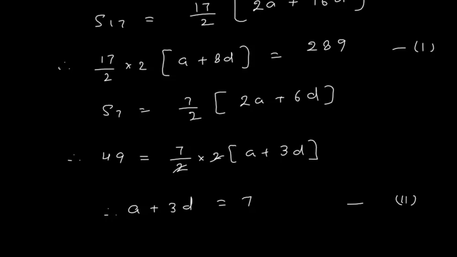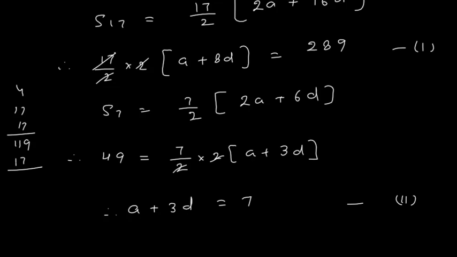Now can we reduce equation number 1 also? This 2 and 2 will cancel. And 17 squared is what? I think 289, right? You can check here. 17 into 7, 7 7s are 49, 4 7s... this is 289. So yes, I can reduce it.